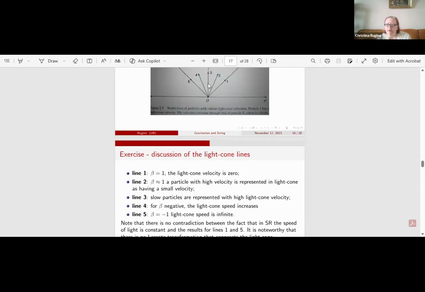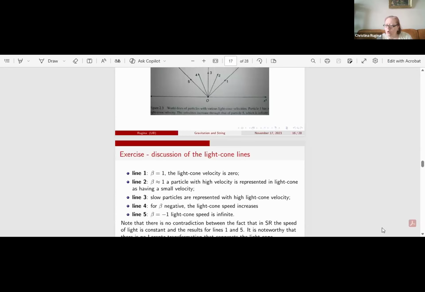And lines 2, 3, and 4 are inside the light cone in light cone coordinates. Okay. And here for beta is -1, the light cone speed is infinite.